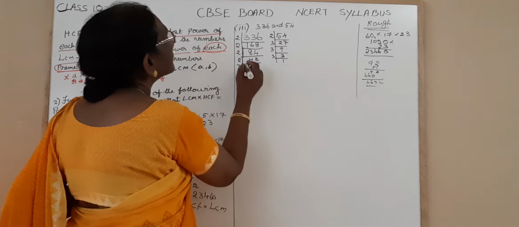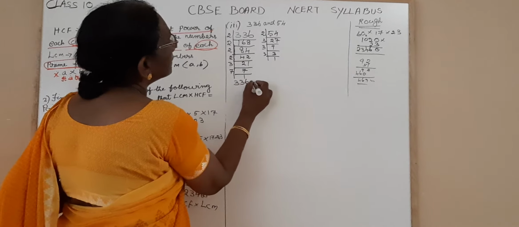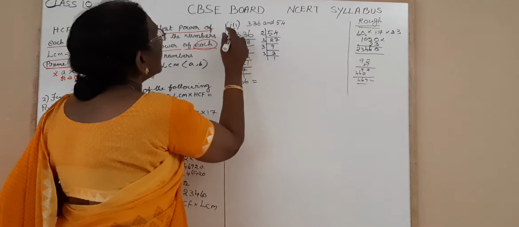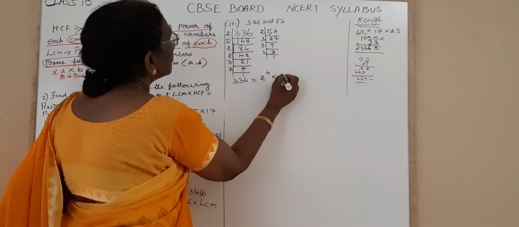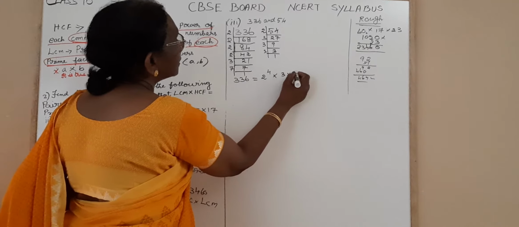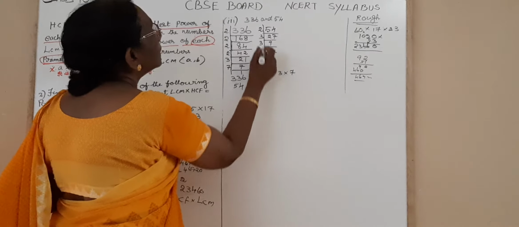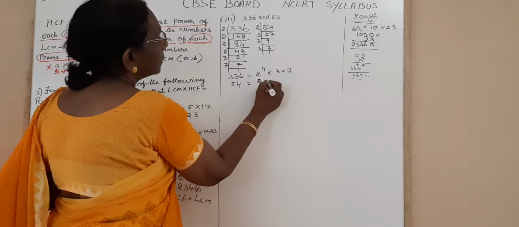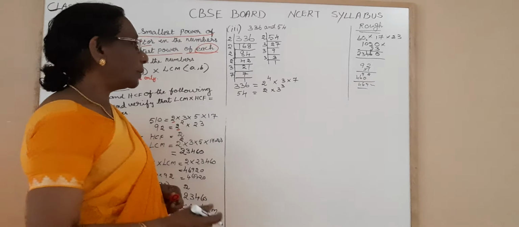Now you write that 336 is equal to 2 to the power 4 into 3 into 7. And 54 is equal to 2 into 3 cube. Isn't it, children? Now we have to write the HCF.